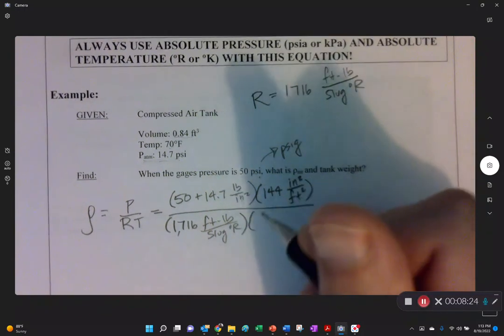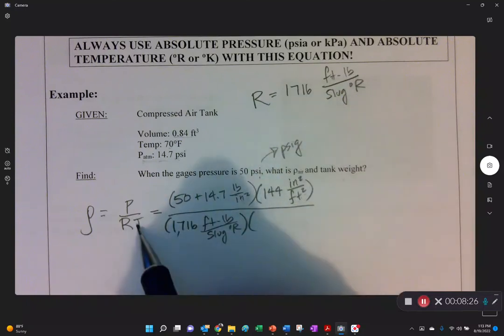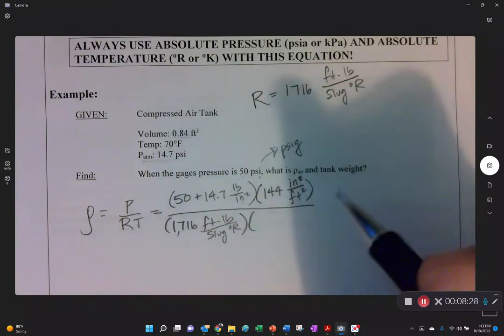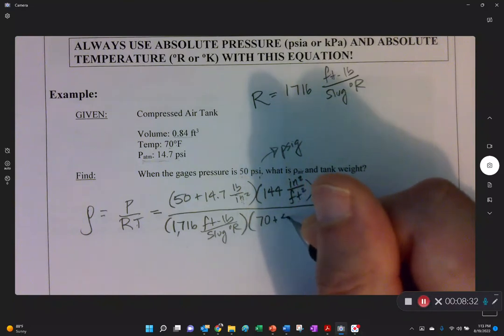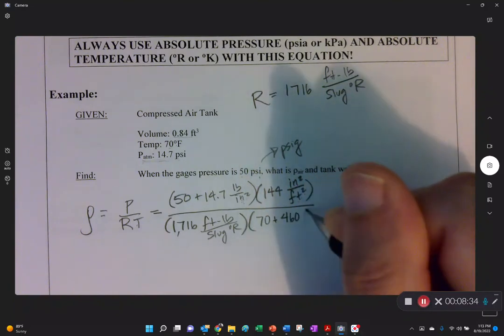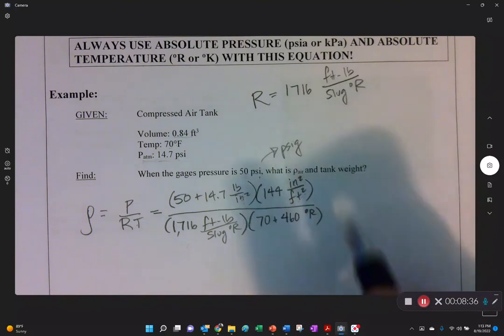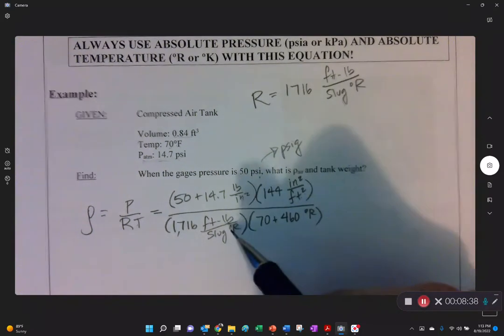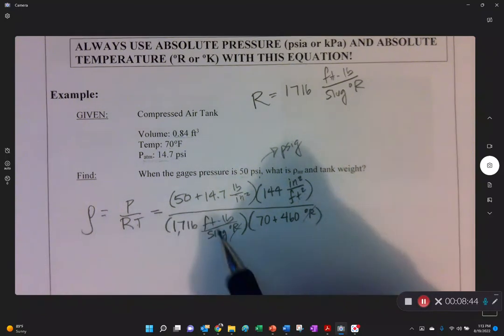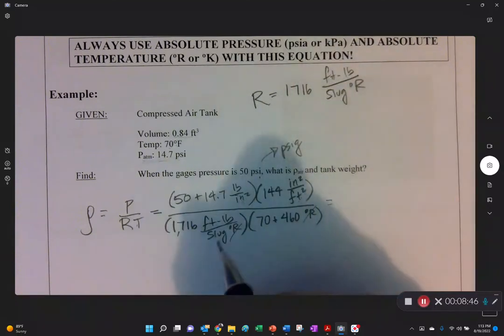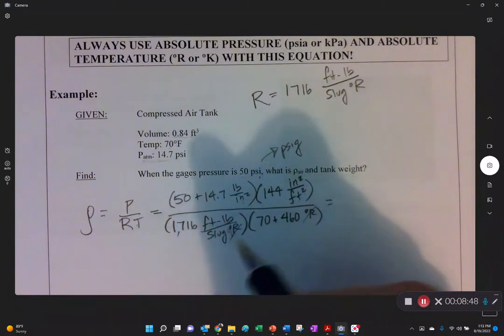And then we want to multiply by the temperature, but our temperature is 70, and we have to add 460 degrees to get Rankine, right? So if you start to cross these out, you can see we have Rankine and Rankine. That's a good one. We're going to get this answer in slugs, right? So that's fine. It's on the bottom here, so it'll make up on the top.